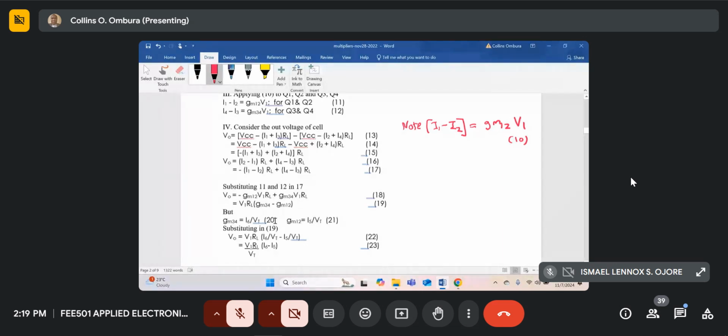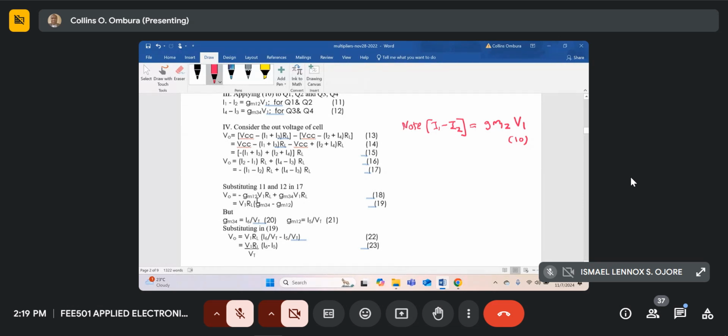So if you substitute these results in 19, instead of writing GM34 and GM12 in 19, I can write it as shown in 22 over here.